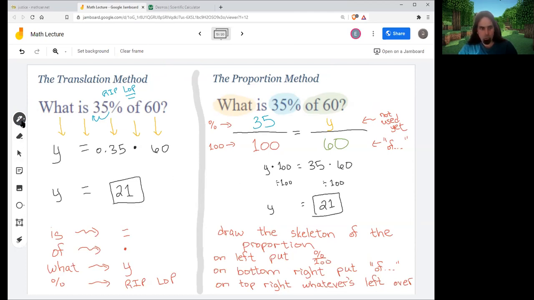Notice there's no riplop. Why is there no riplop? Can anyone explain that to me?